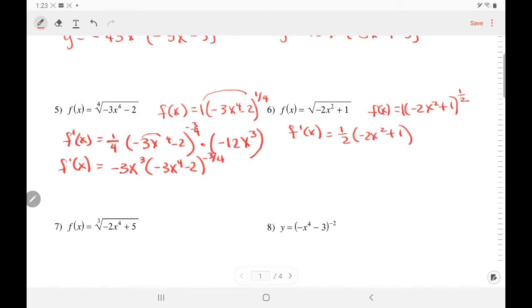And take your 1/2 and subtract 1, which is 2 halves. So that's negative 1/2. Now we have to multiply this by the derivative of the inner function. That's negative 4x to the first power. Simplifying, 1/2 of negative 4x, that's negative 2x. Copy the rest. And we are done.